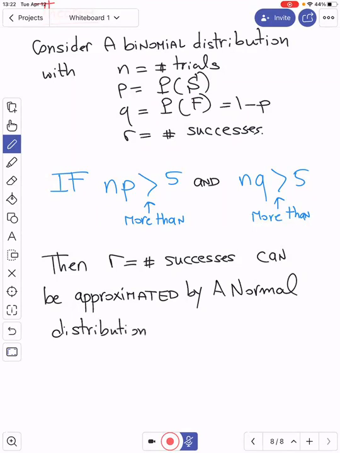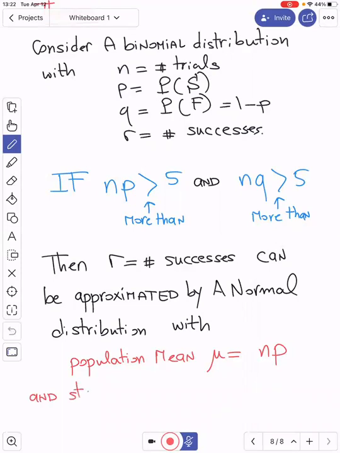In other words, here you can convert R to Z, with population mean mu. We know what mu will be: it's N times P, and the standard deviation sigma.